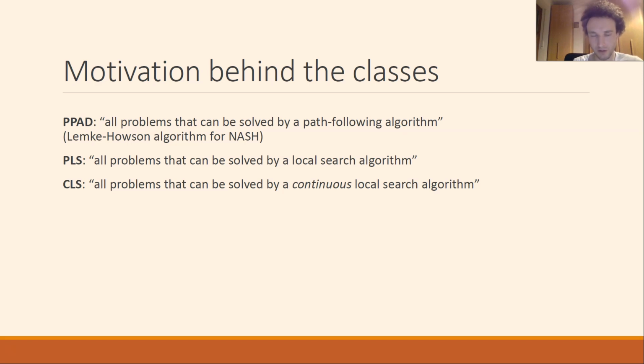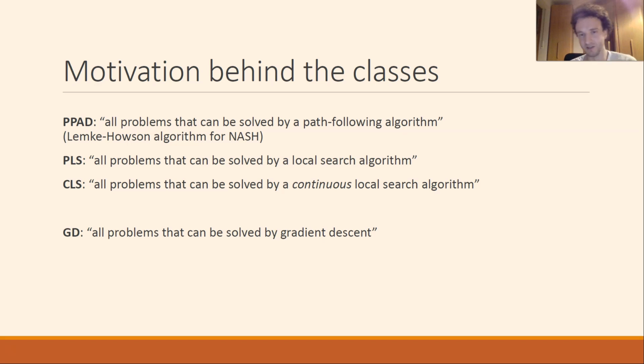And so we thought to ourselves, let's consider another classical, very important algorithm, which is gradient descent. And let's define a class that we call GD, which contains all TFNP problems that can be solved by gradient descent. And again, doesn't mean in polynomial time, but every step of gradient descent can be done efficiently, and then you don't know how many steps it's going to take. Could take a lot of steps, could take a few steps, you don't know.